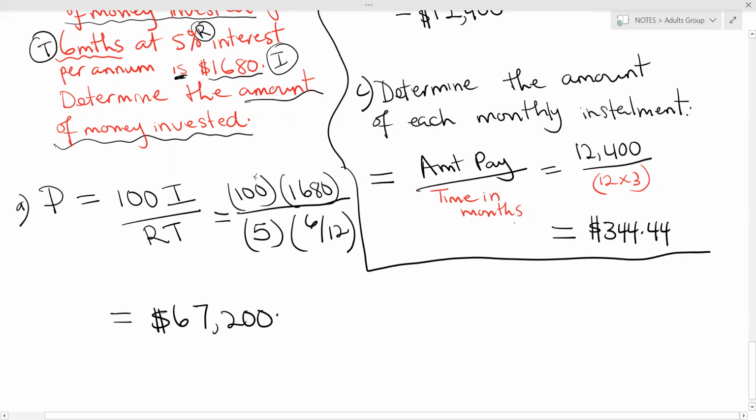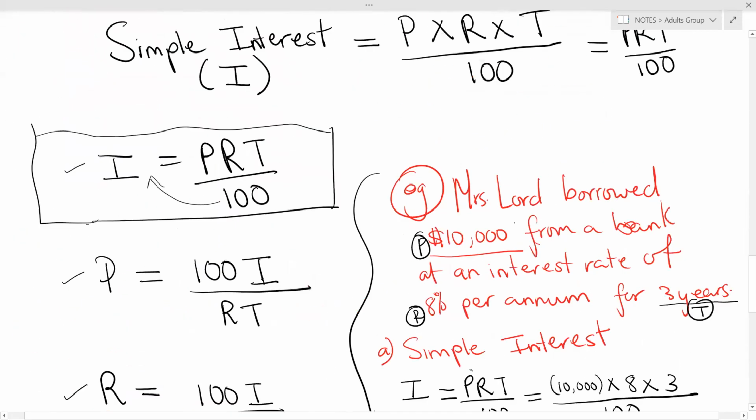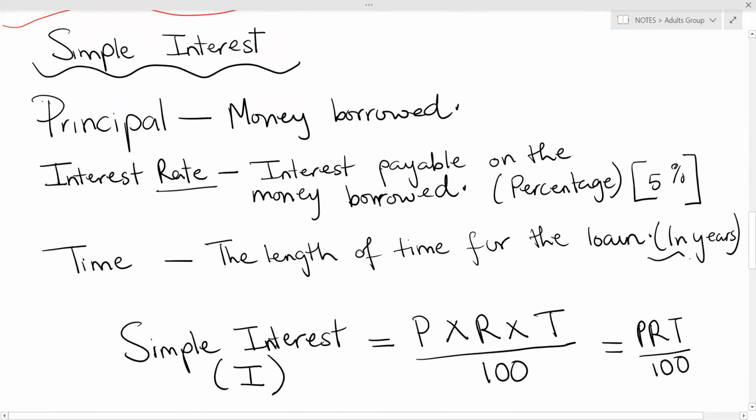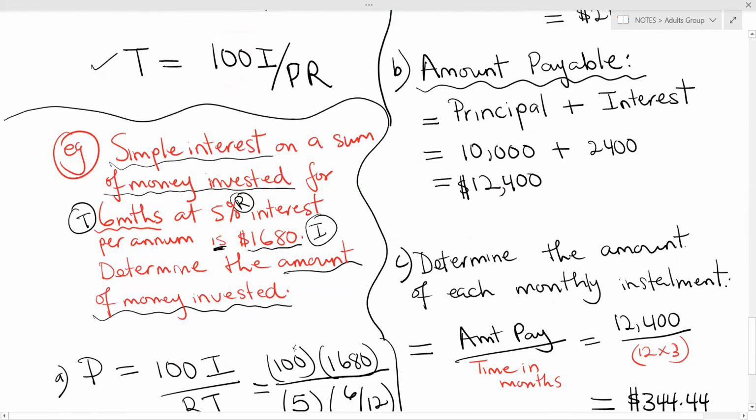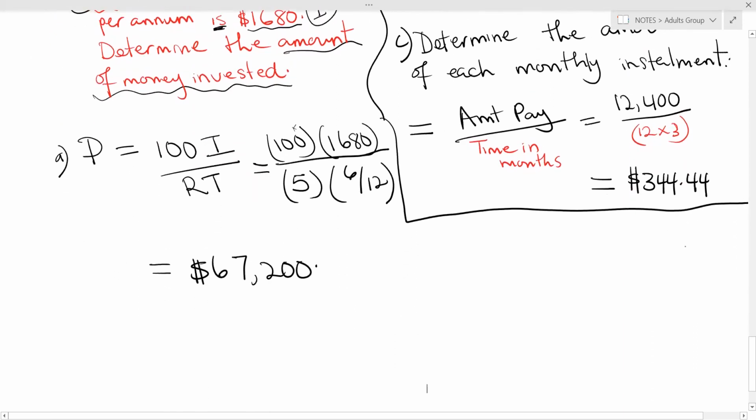That's why you have to put it over 12. Because time is calculated in years. So if you put 6, the question will read as 6 years, but it's not 6 years, it's 6 months. So in order for you to represent it as a year, you say 6 over 12. So that will be a half of a year. Yeah?